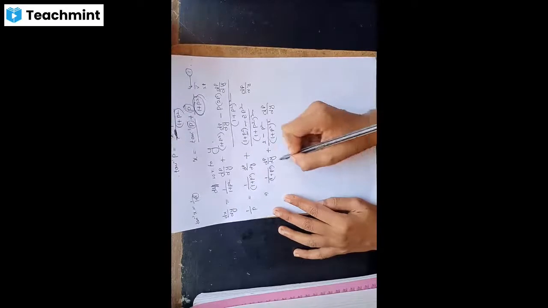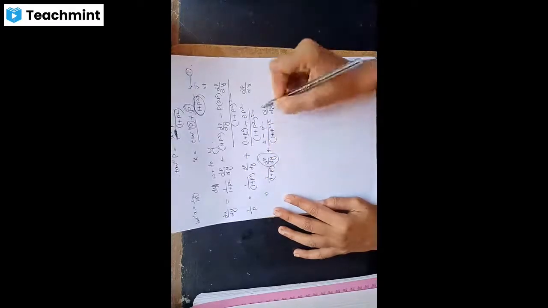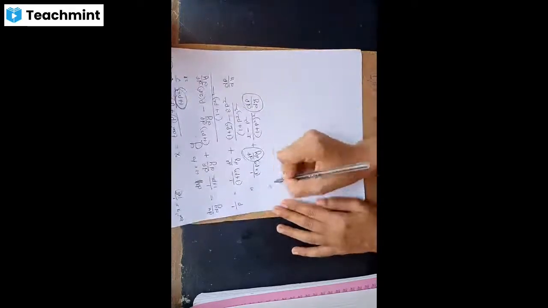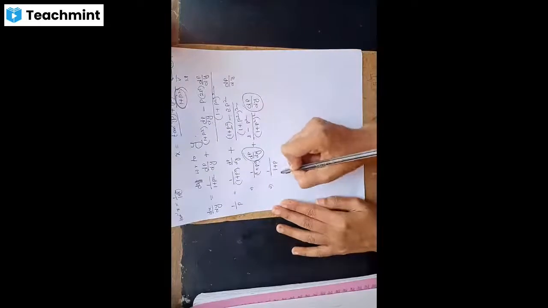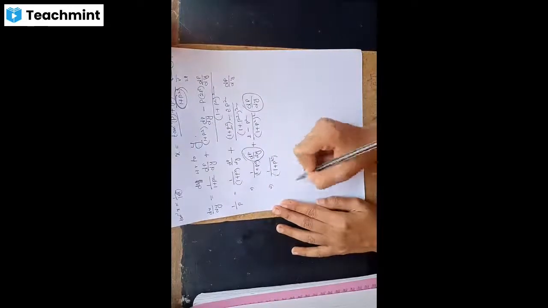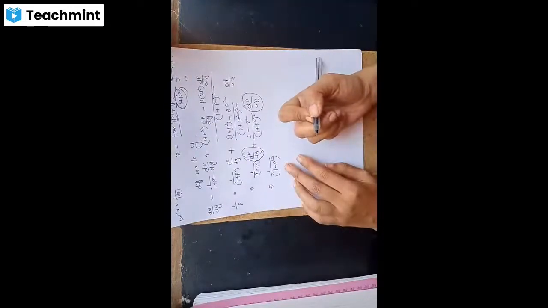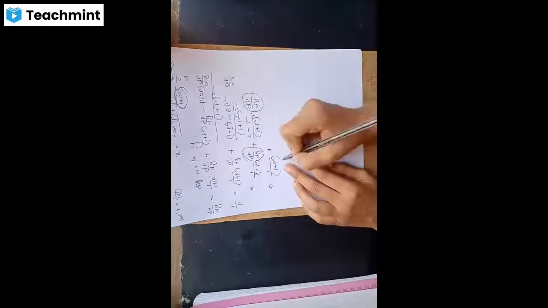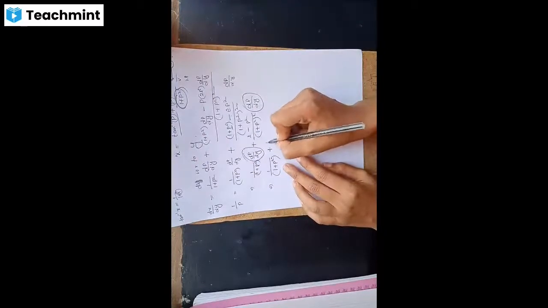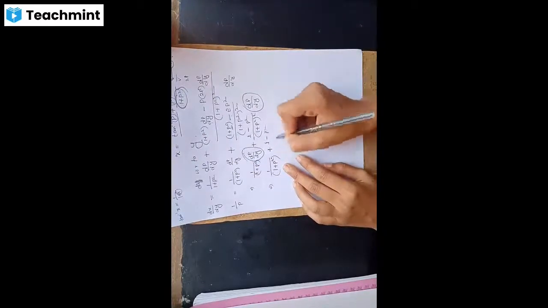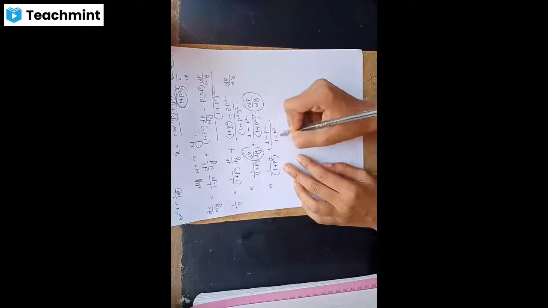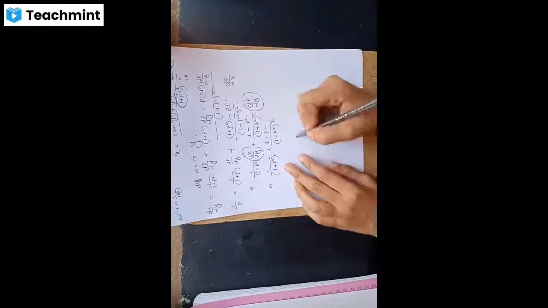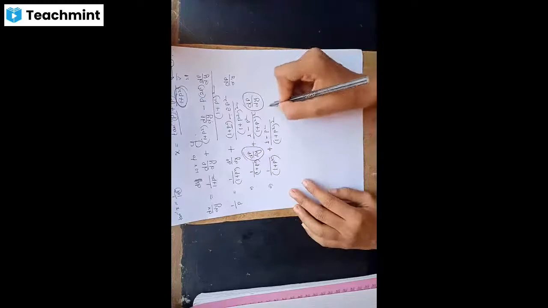Now out of these two terms take dp by dy common: 1 over 1 plus p square plus 1 minus p square over 1 plus p square whole square.